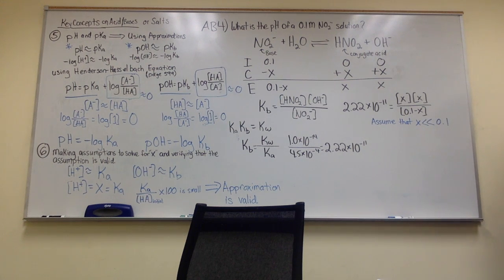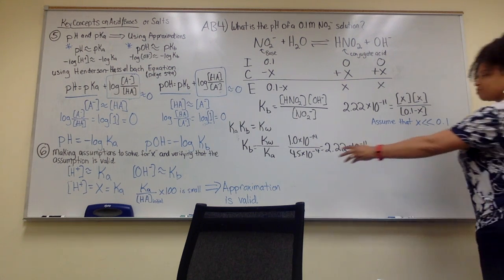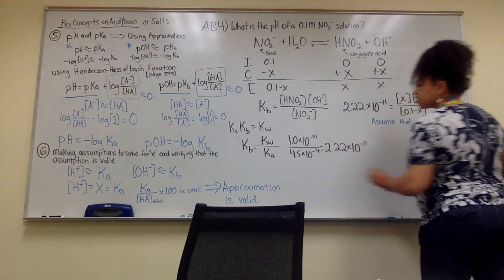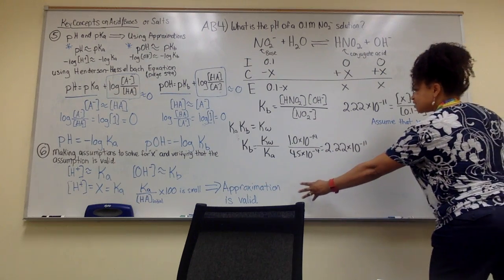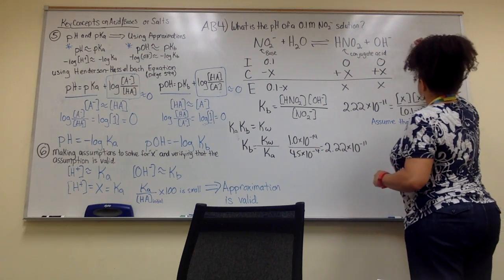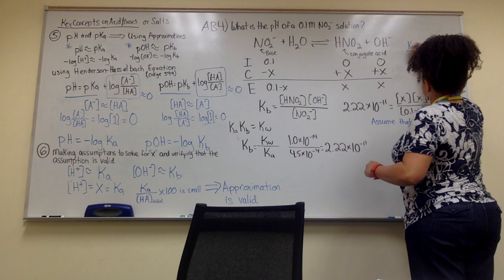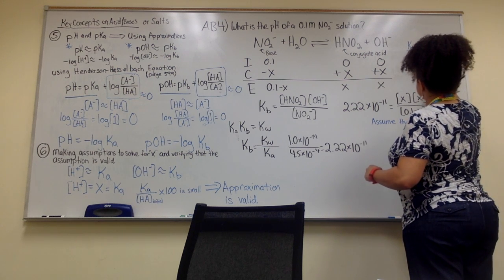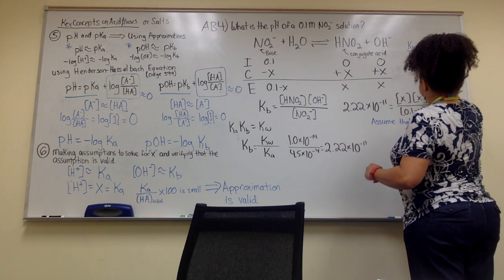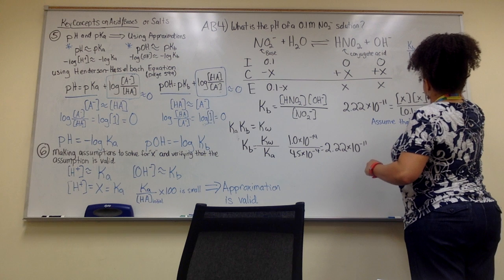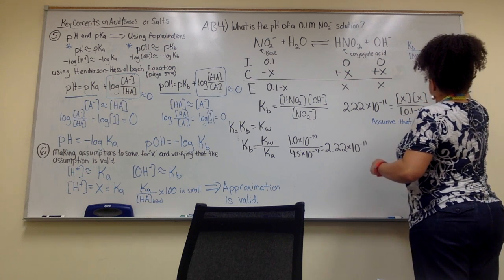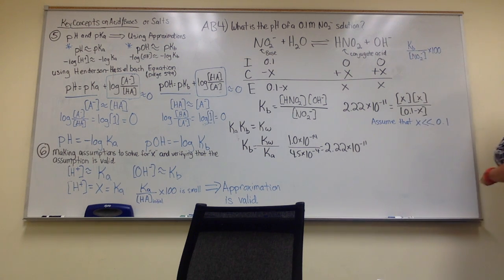And why can we make this approximation? Well, we have to make sure that it's valid first. So in order to verify if it's valid, we have to take the Kb over the initial base concentration to figure out an approximation for what's dissociated.